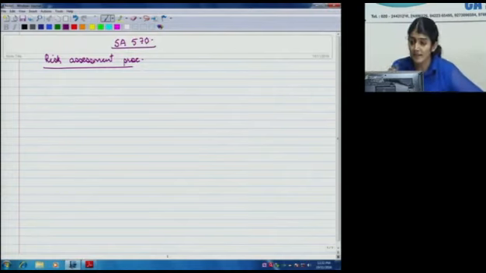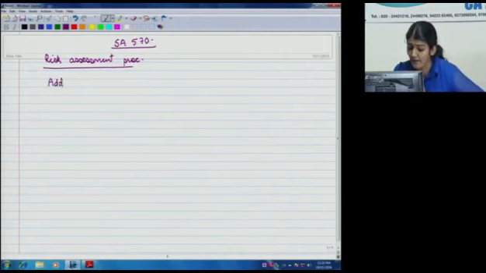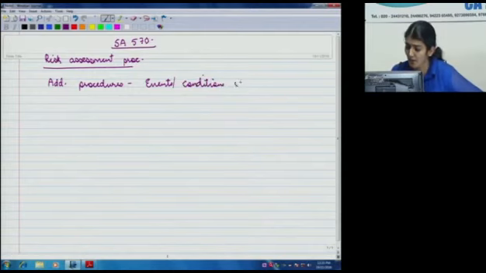Then if there is any event or condition because of which you may doubt the going concern, in that case, what are the additional procedures to be performed by the auditor when events and conditions have been identified because of which you doubt the going concern assumption? Events or conditions have been identified.